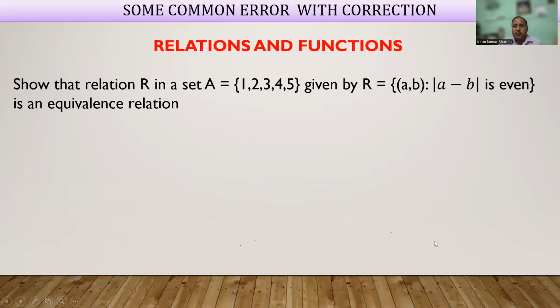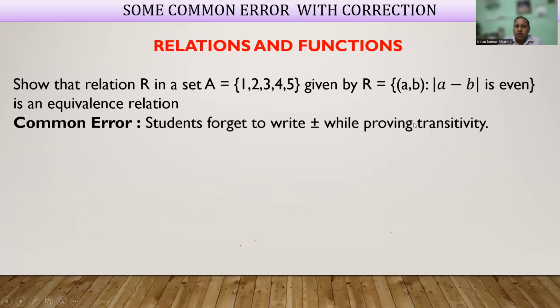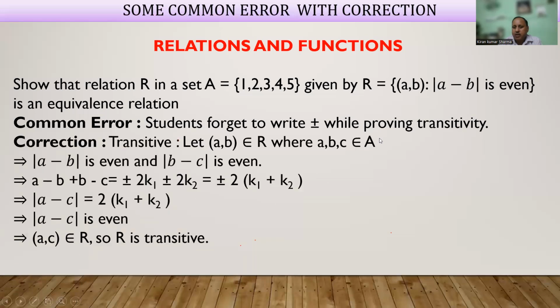Next, in relation and function, here is one more example. A set is given, R is defined as (a, b) such that mod of a minus b is even, is an equivalence relation. The common error students make is forgetting to write plus minus while proving transitivity.